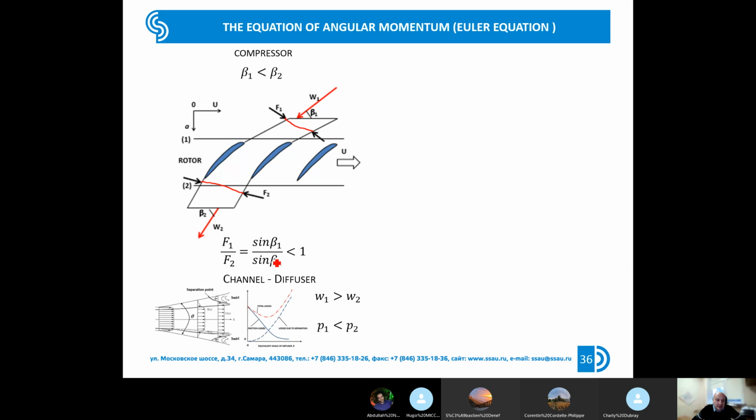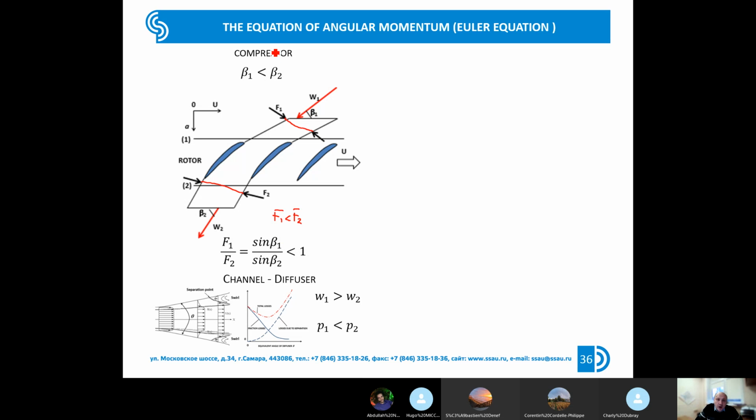And because beta 1 is less than beta 2, we can say that f1 divided by f2 must be less than 1, and it means that f1 is less than f2, and it means that the shape of the channel between the blades will be a diffuser.